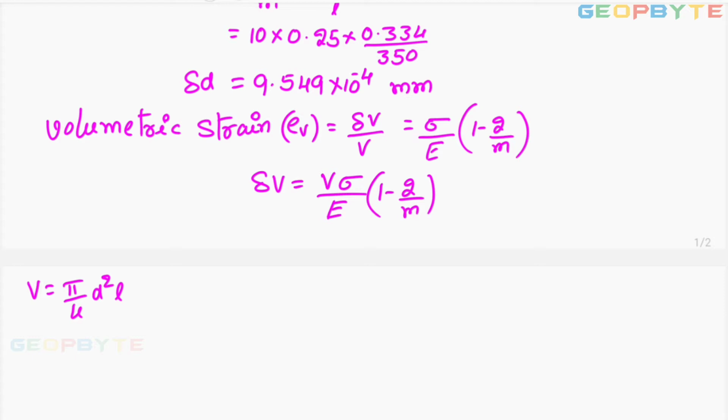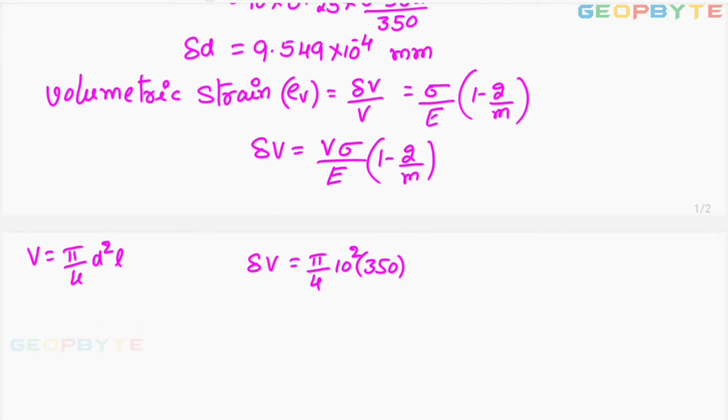Now delta V, change in volume, equal to pi by 4 into d square, D is 10 square, L is 350, into stress. Okay, stress you need to find. Stress equal to load by area. Load is given 15,000 newtons.